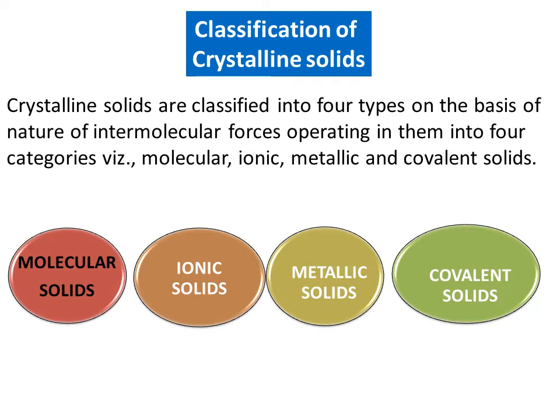Crystalline solids are classified into four types on the basis of the nature of intermolecular forces operating in them: molecular, ionic, metallic and covalent solids. The classification is based on intermolecular forces, which depend on the constituent particles.